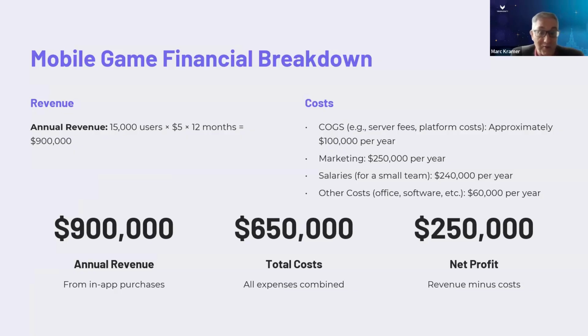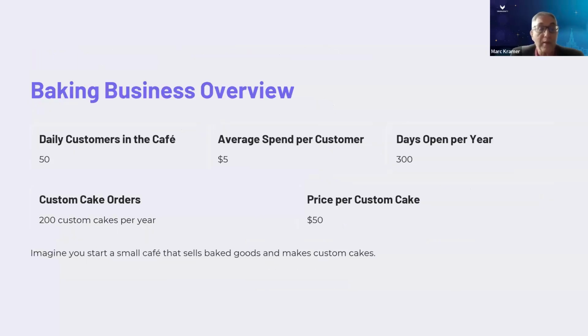Salaries for your team, $240,000. Office software and other things, $60,000. So out of $900,000, you're making $250,000. That's still good money to make. So you're almost making 30% on the revenue that's coming in.